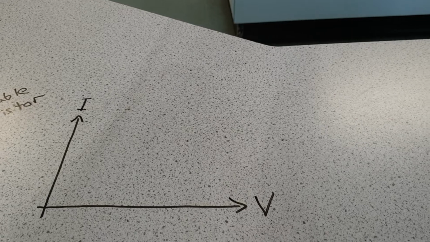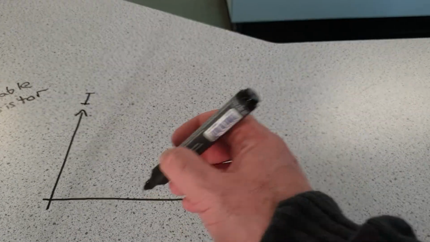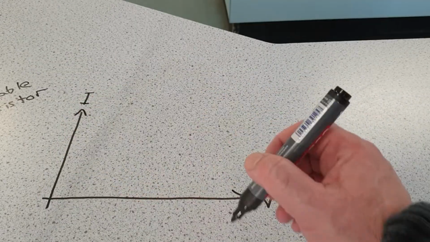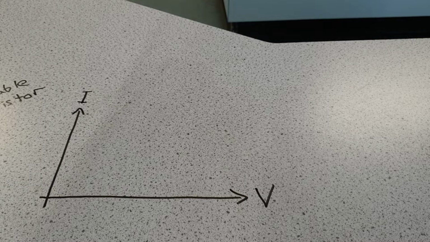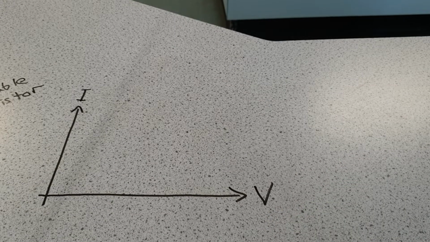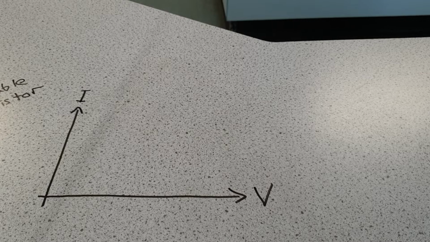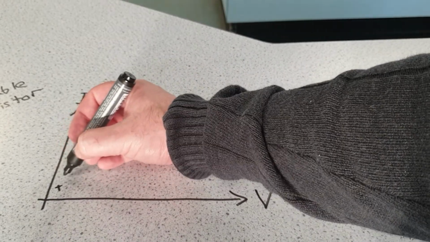Now, typically for a light bulb, we end up with a relationship between voltage and current that looks like this. As we increase the voltage, the current will also increase. No big surprise there. Okay, the more push we give the electrons, the more electrons we have going through the light bulb every second. However, the increase is not constant.